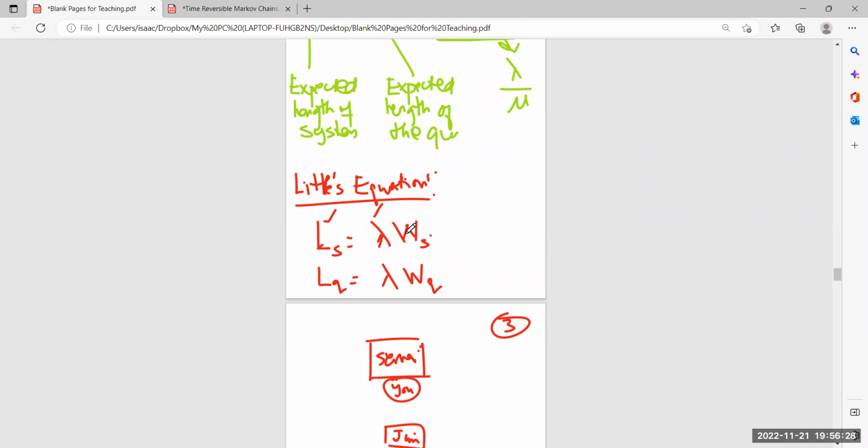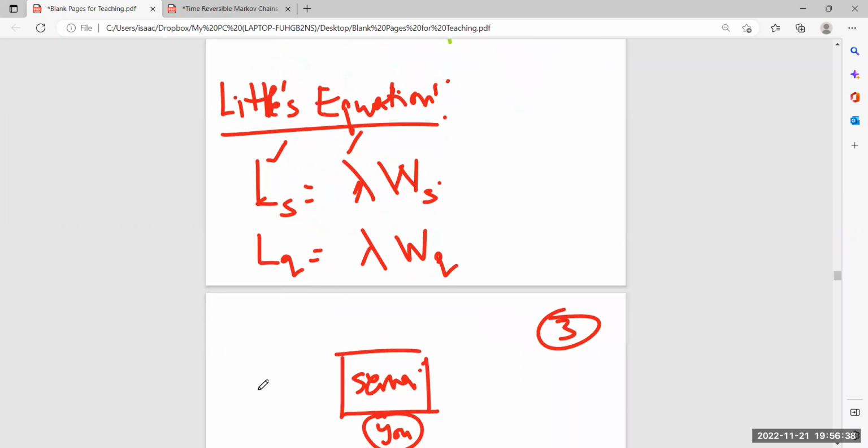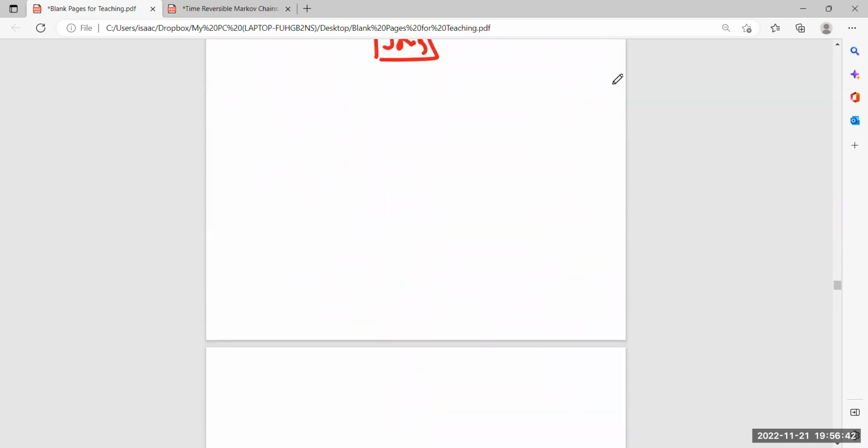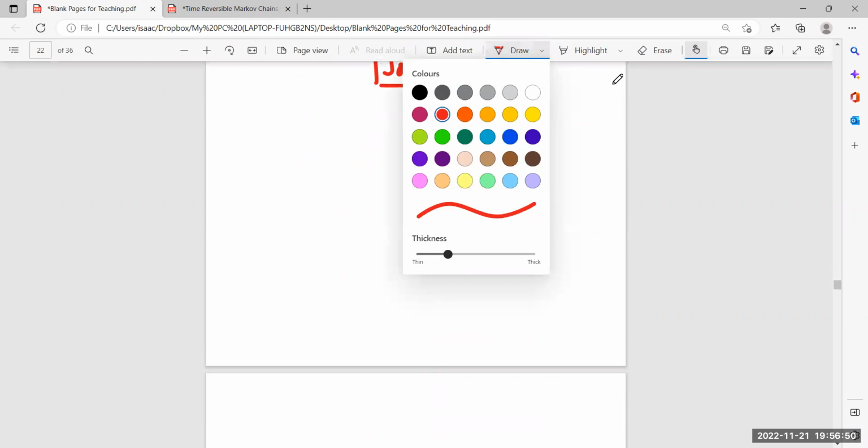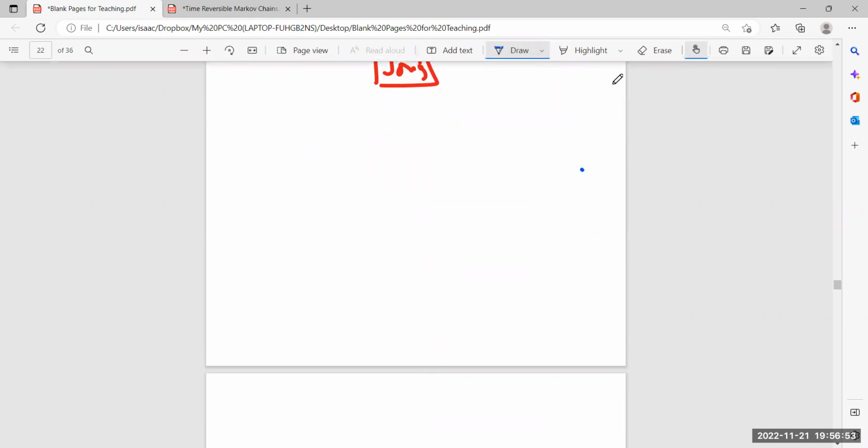Okay, so let's try a numerical example to see how this really plays out in the real world. We're still looking at an M/M/1 queue. Sometimes it's only when you use numbers that you get a better grasp of what is going on.